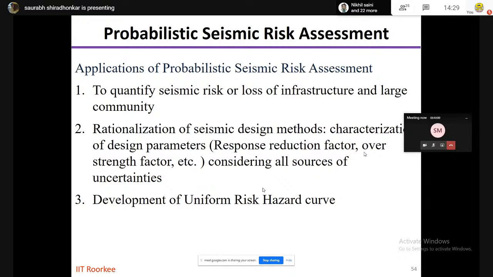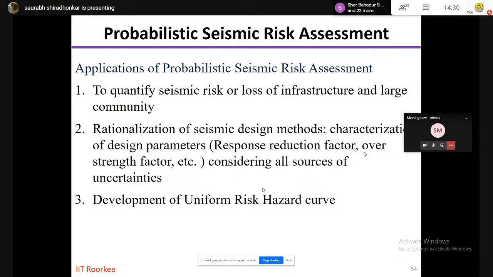And then once we have that, the application of risk is to figure out the loss or risk of individual buildings and loss to infrastructure. The risk is very important to figure out the rationalized design parameter, which is the response reduction factor in our case, because you need to understand that the larger the response reduction factor, the lower the seismic force, but then you need engineering judgment to choose a larger response reduction factor. That engineering judgment will be provided by this risk formulation.